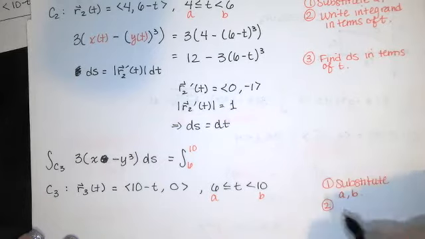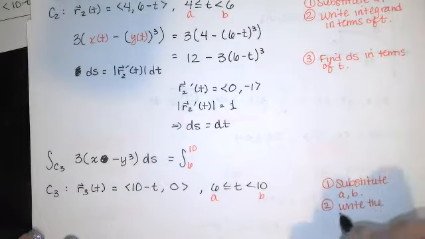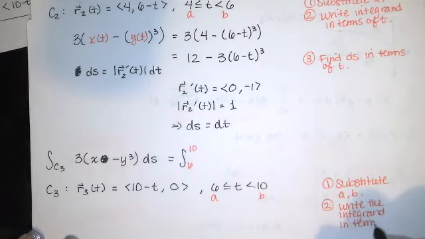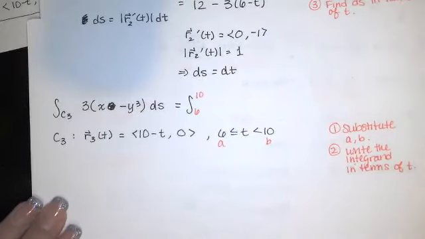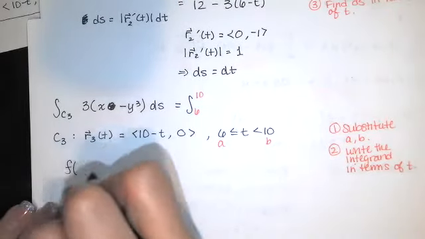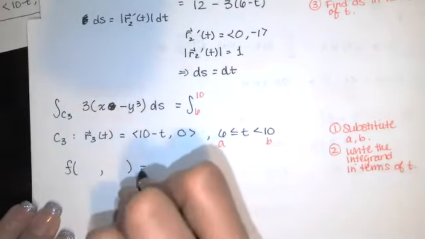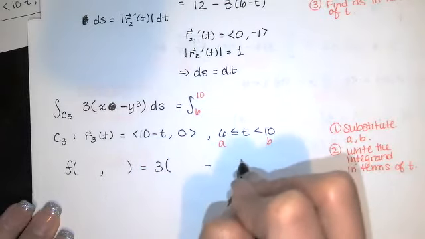Then we want the integrand in terms of t, the original integrand. So we want f of x of t, y of t. That's 3 times (x minus y cubed).